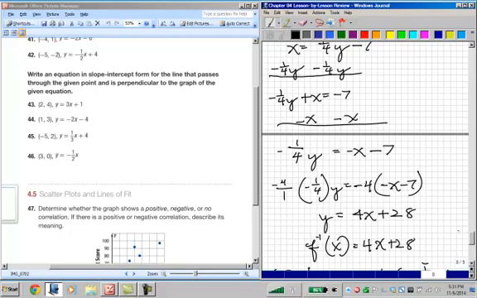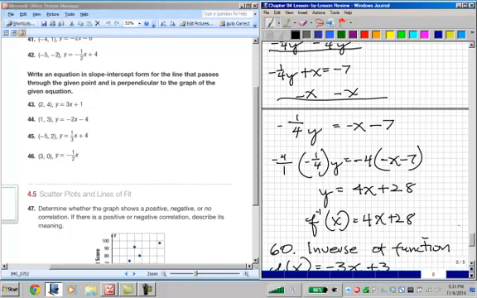Multiply both sides by negative 4. y equals 4x plus 28. Last step, substitute the inverse of f of x symbol for y. So inverse f of x equals 4x plus 28.